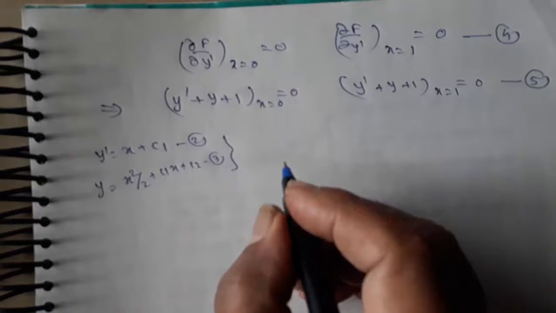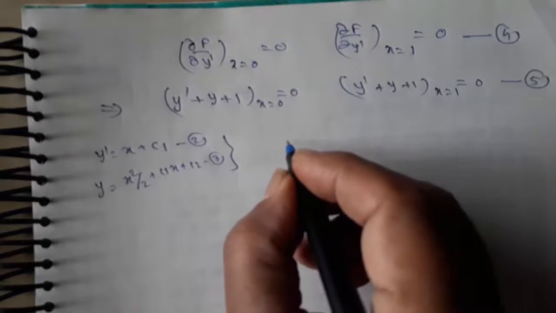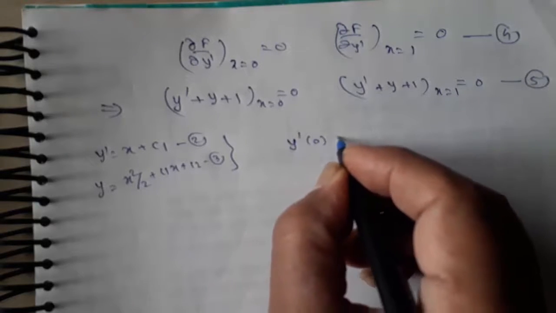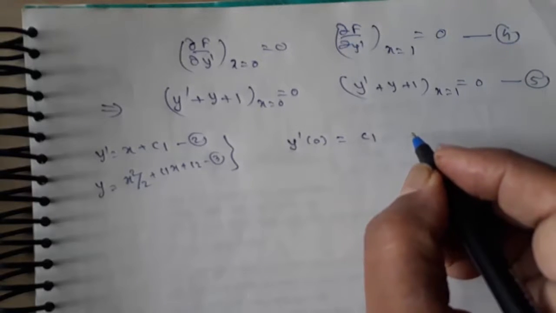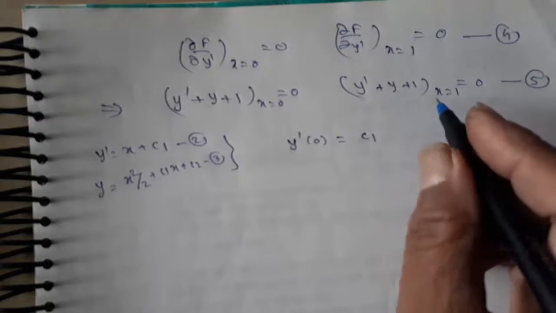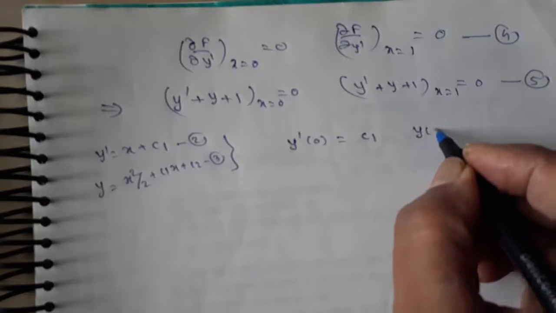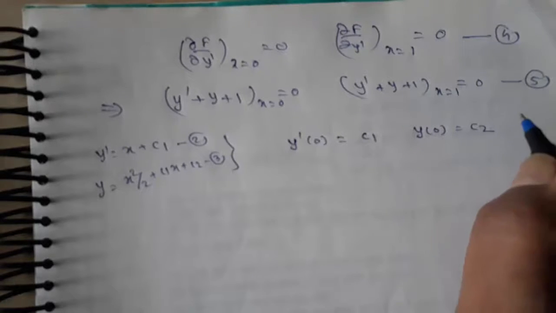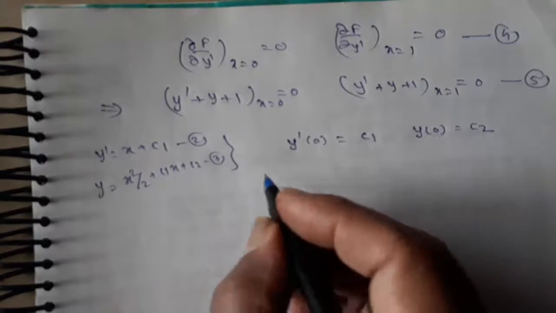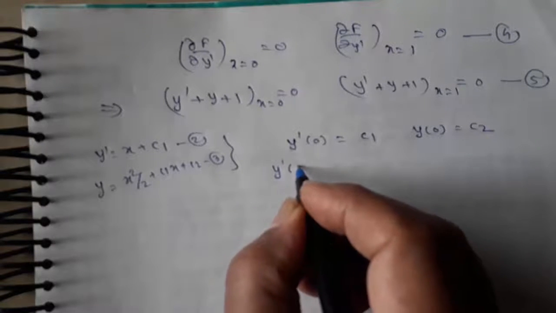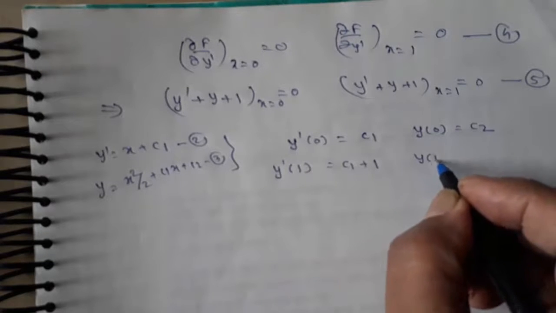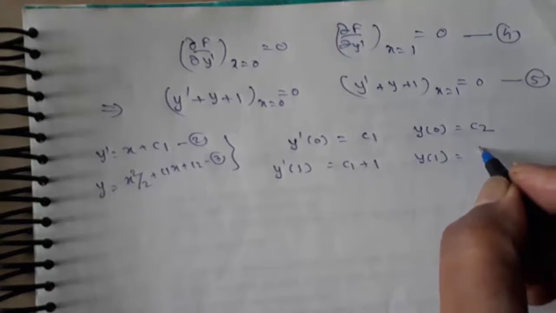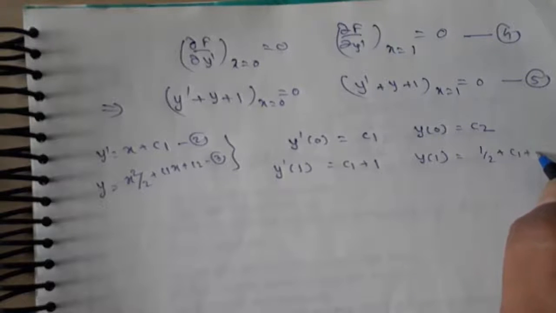From these two equations, we have y'(0) equal to c1 and y(0) equal to c2. Similarly, y'(1) equal to c1 plus 1 and y(1) equal to 1/2 plus c1 plus c2.